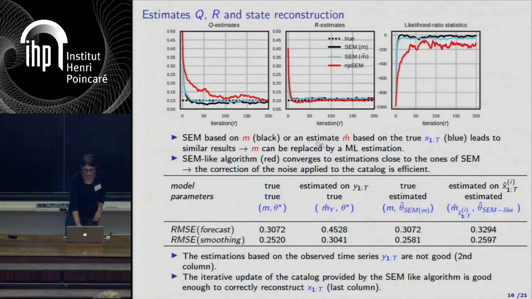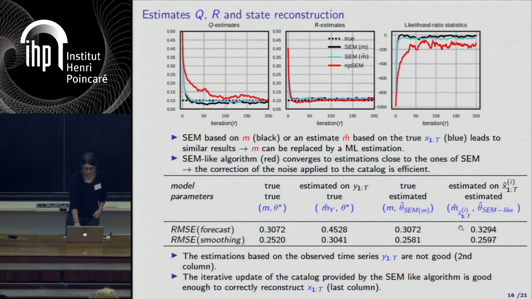And in the table we have plotted some root mean square error, on the first line for the forecast. So in the forecast, as I said earlier, we take a new time series of the state and we try to forecast with the estimation we obtained from M. And we also have the RMSE between the true state and an estimated state obtained by smoothing.